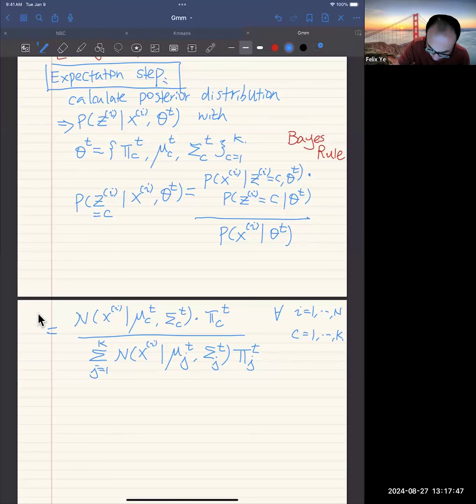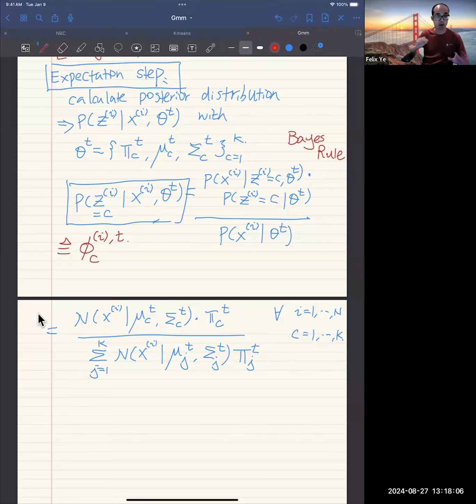All right, so I'm going to give this a name. It is defined as phi_c(i) at t iterations. There's a lot of notation here.